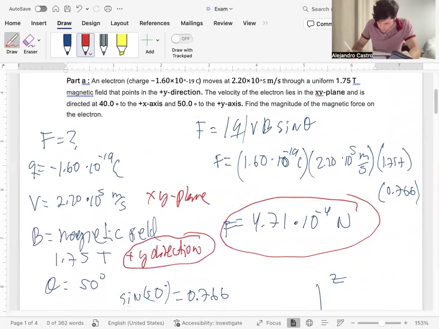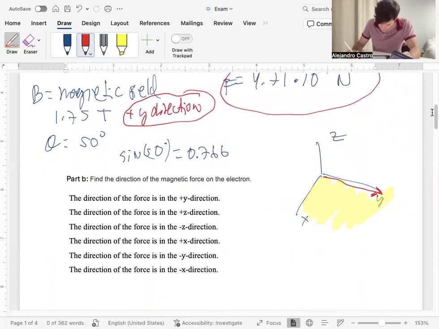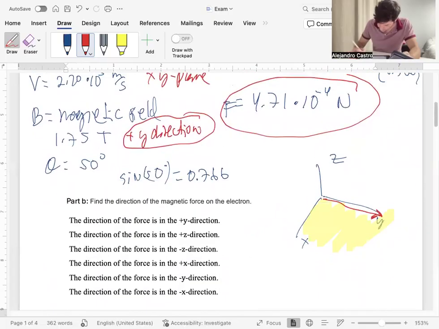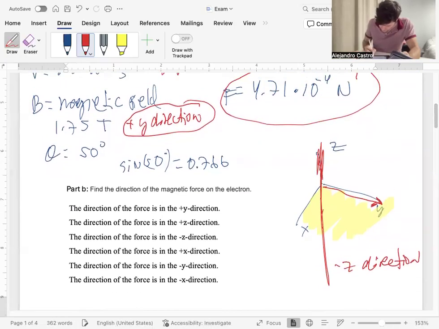Since an electron is always a negative charge, we know it's going to be on the z-axis, the z direction. So it will be this one.